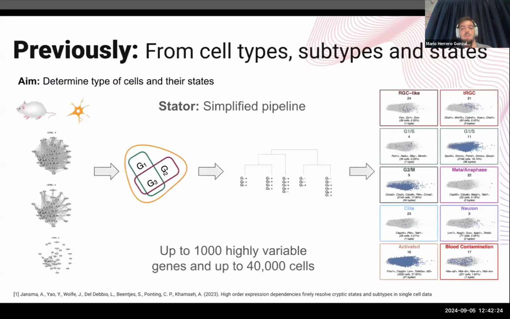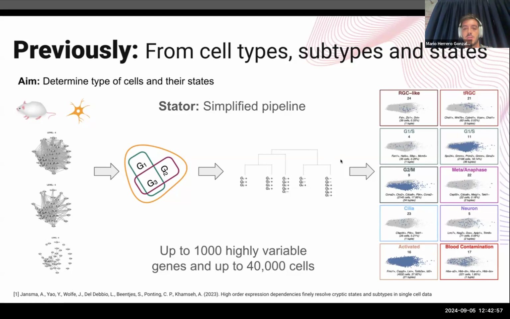And now the case which we were motivated from came from researchers here in Edinburgh. What they did was basically develop this stator method, whose aim was to determine the type of cell under the state. So basically, we take cells from the mouse brains, and we obtain the interactions. So these are the interactions.